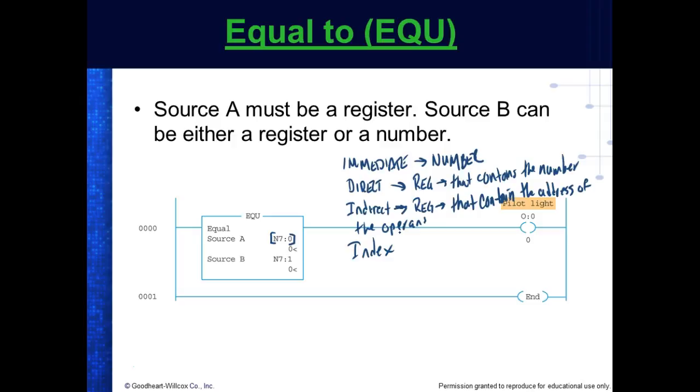This is direct. So to specify indirect address, the register address would be in brackets. And then if it's indexed, it's going to have the hashtag.